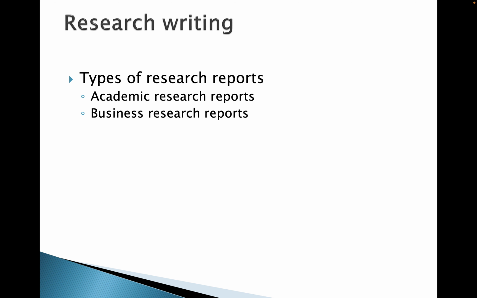It's much more about finding information or proposing new methodologies that may or may not become something that will be used in business or industry. Now, a business research report is business driven. It is still research, but it's research that is being conducted because that specific business is the interested party in this process. Okay.